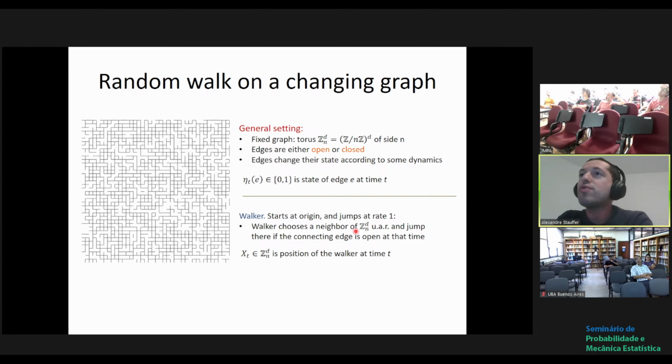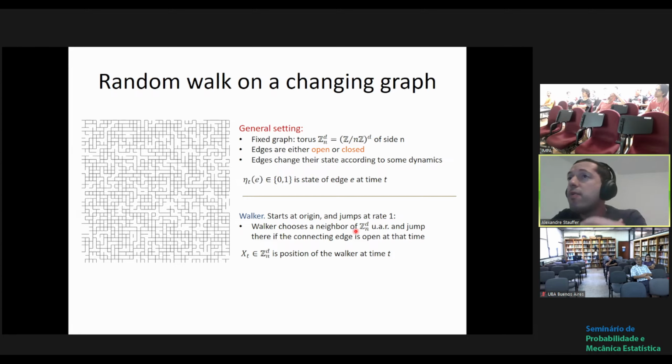On the torus, it chooses one of the 2d neighbors, and then it checks whether the edge connecting itself to that neighbor is open at that time. If it is, it crosses the edge. If it's not open, then it stays in the same vertex and just waits for its clock to ring again.